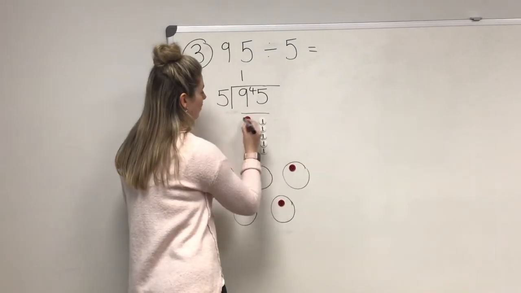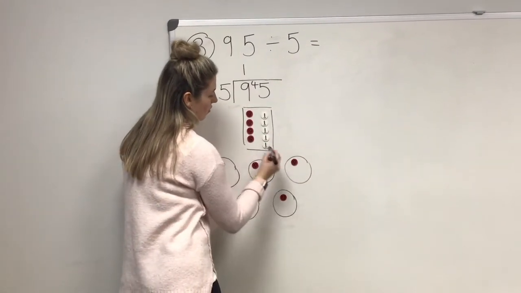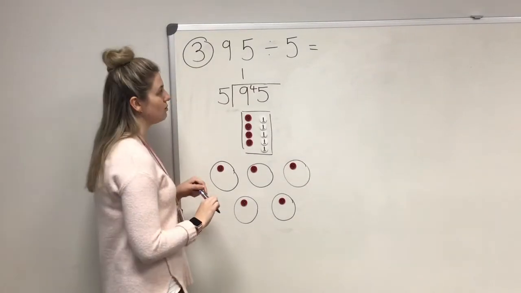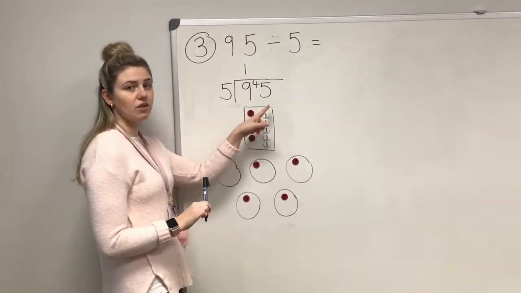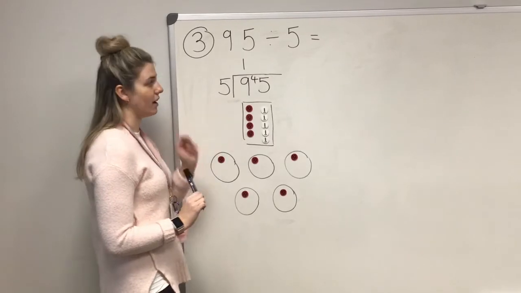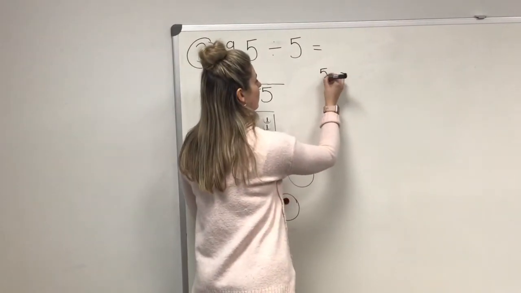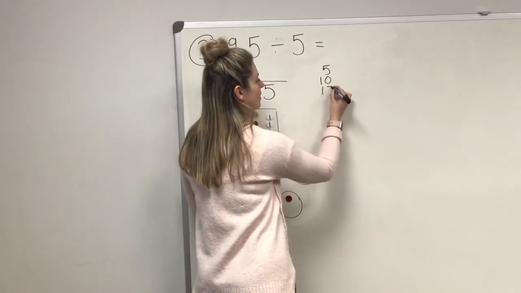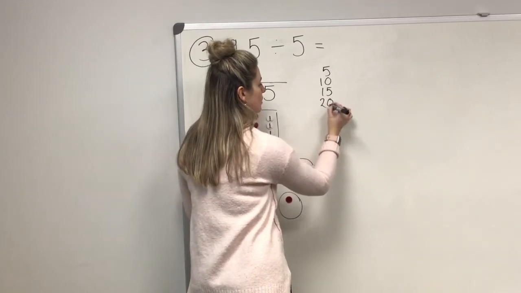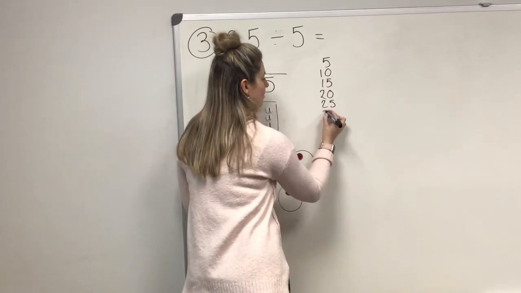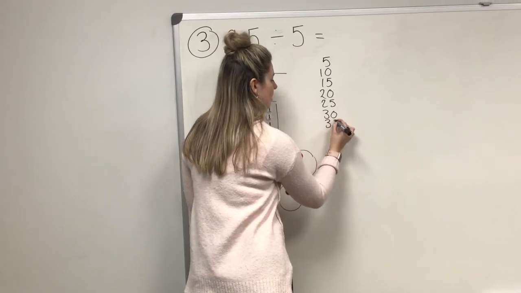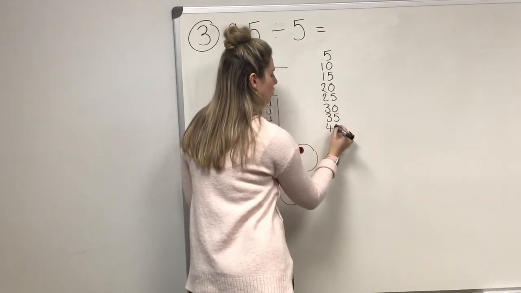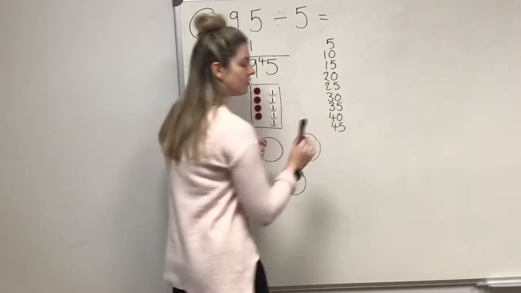So we now have 45. So we need to use our times tables to work out 45 divided by 5. So 5, 10, 15, 20, 25, 30, 35, 40 and 45.